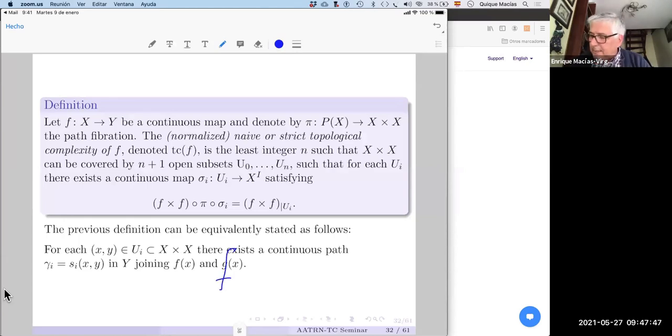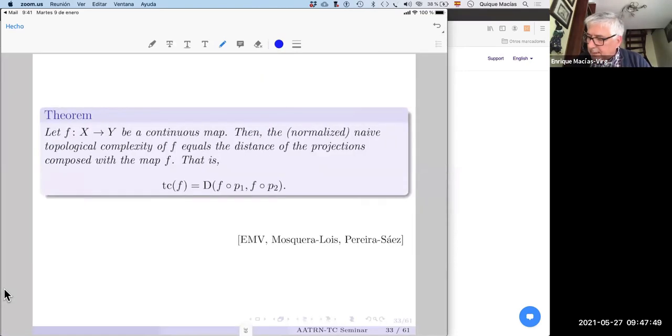So it is clear that the distance between the projections composed with f is TC_F. This is our result.